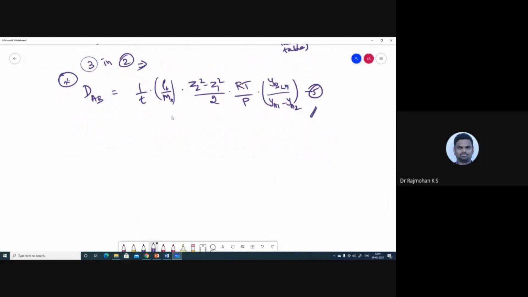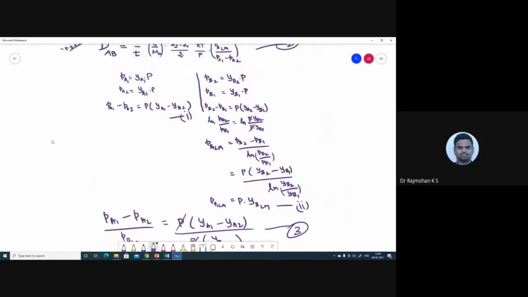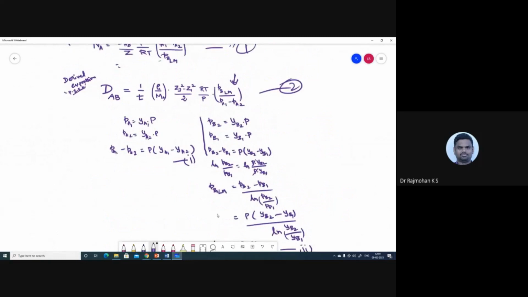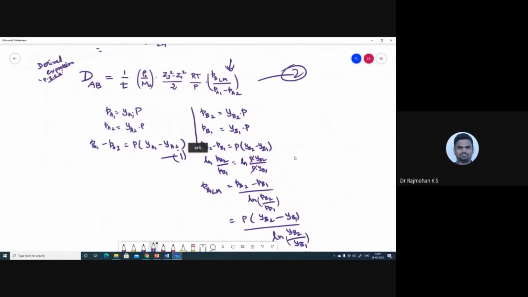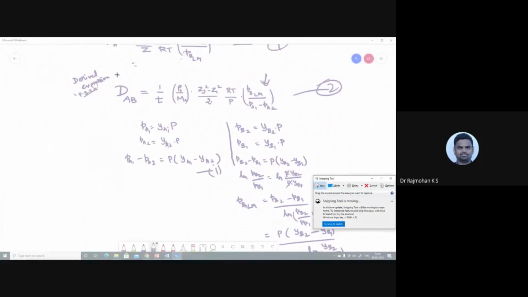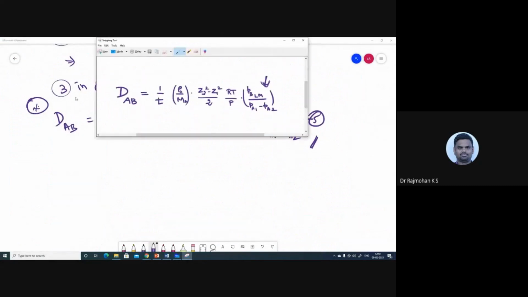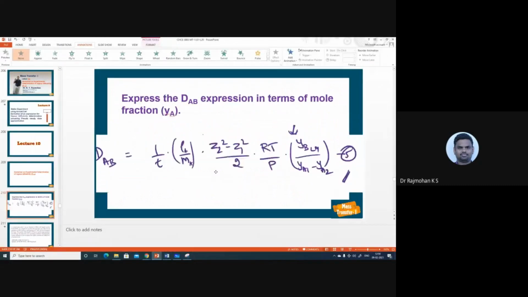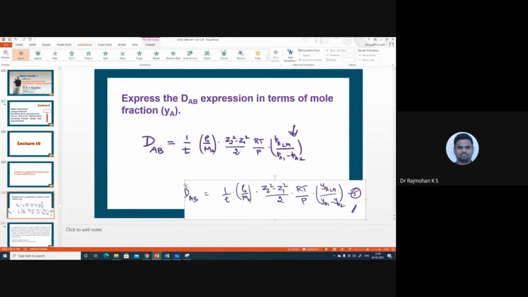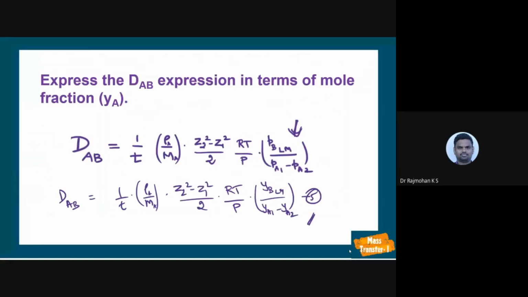Okay. So now with these expressions, this is the standard form which we are going to make use of. Either we will be using this expression or the form in terms of YB.